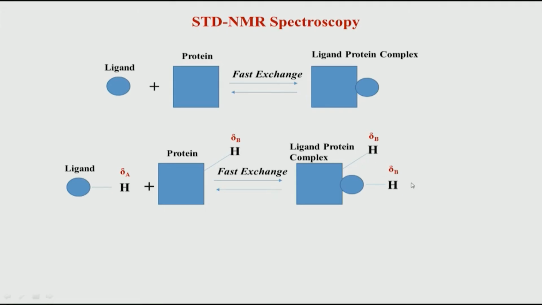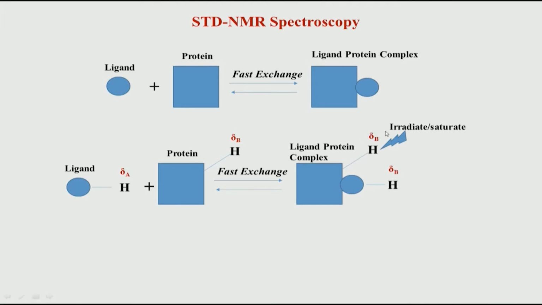Now, what we do in STD NMR is that we first irradiate or saturate this proton signal. How do you do that? This is typically done by applying a weak RF irradiation. If you recall, we discussed this when we talked about solvent suppression.